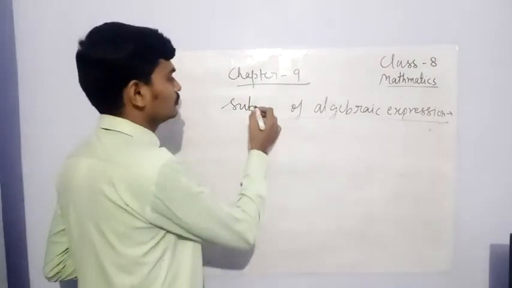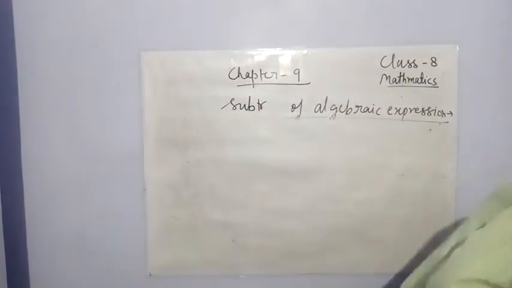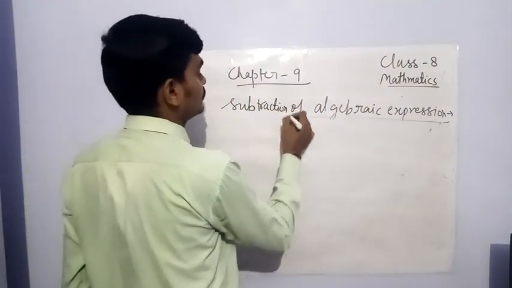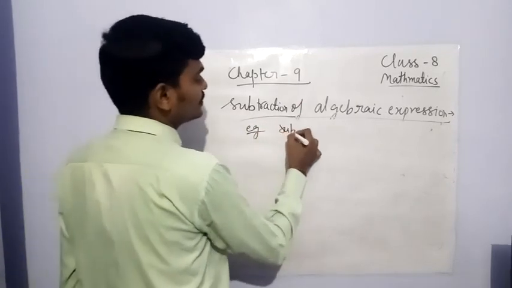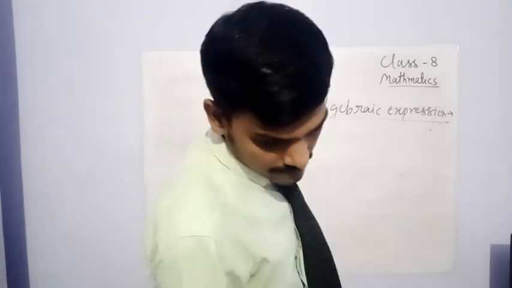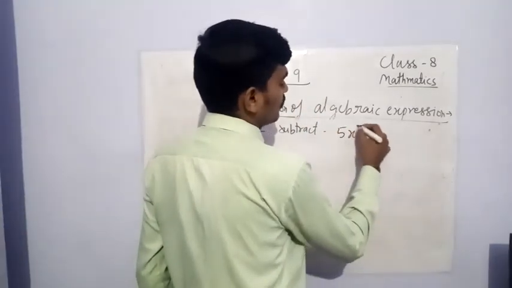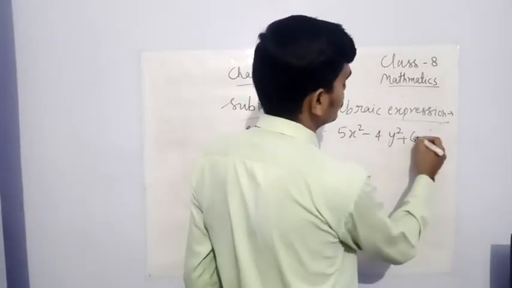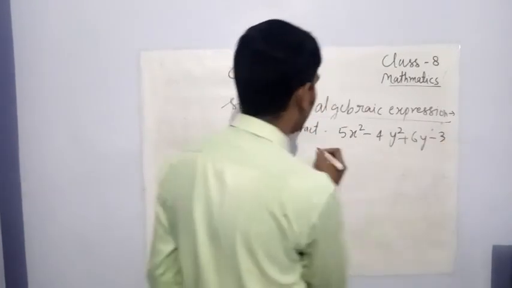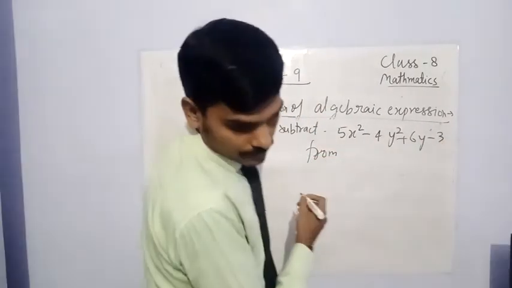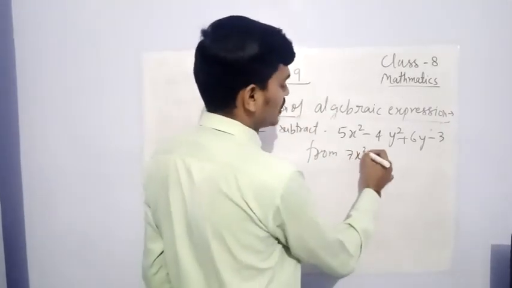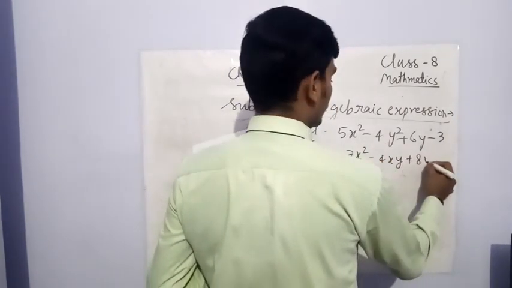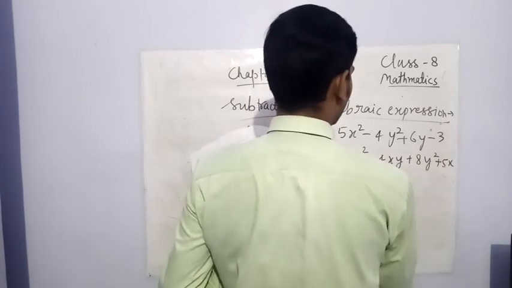Subtraction. For example, subtract 5x square minus 4y square plus 6y minus 3 from 7x square minus 4xy plus 8y square plus 5x minus 3.